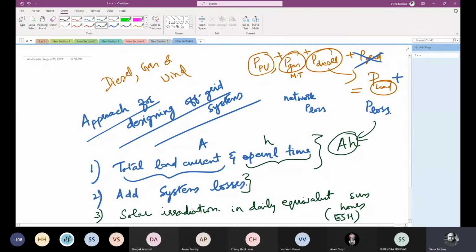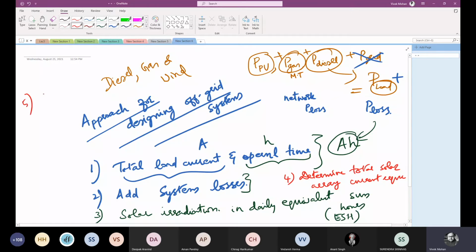Now, the fourth step is determine the total solar array current requirement. Solar array current requirement. 6 steps are there. Fourth one is determine the total solar array current requirement.